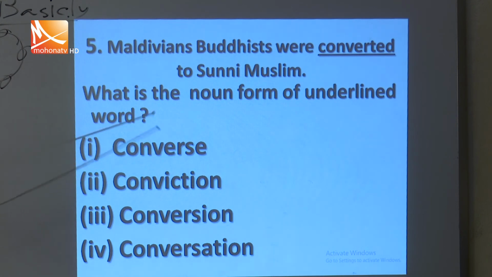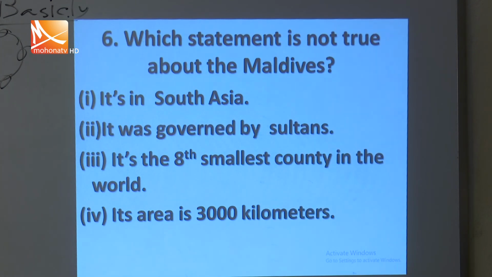It is converse, conviction, conversion or conversation. Conversation, talking, dialogue. Conviction, guilty, find someone guilty. Conversation is a verb here. So the answer is conversion, number 3. Yes, number 3.